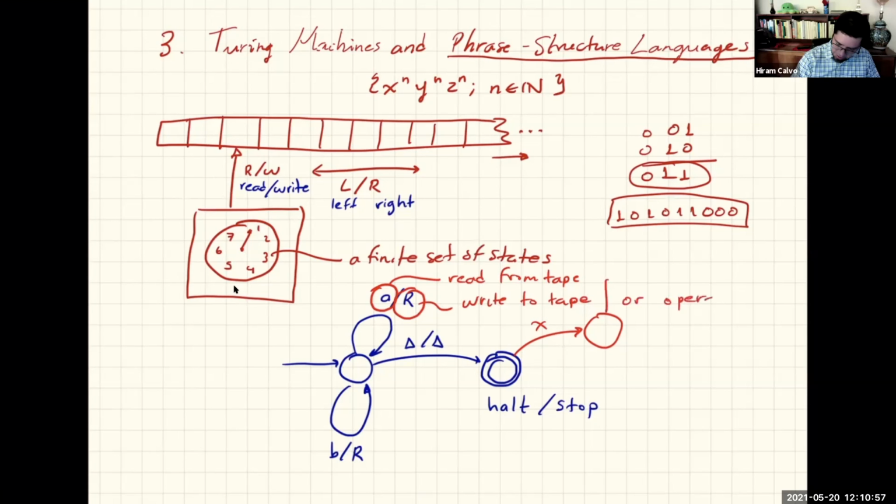This operation will be L or R: move to the left or move to the right. So we will have either a symbol from the tape or an operation, move to the left, move to the right. In this case, then we will read a B. If we read a B, then we can follow this arc. If not, we cannot follow this arc, and we will move our head to the right.